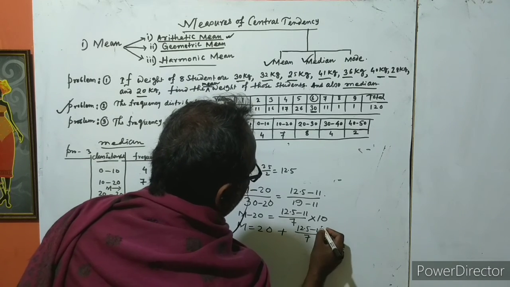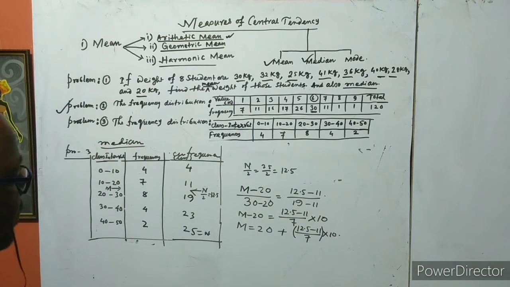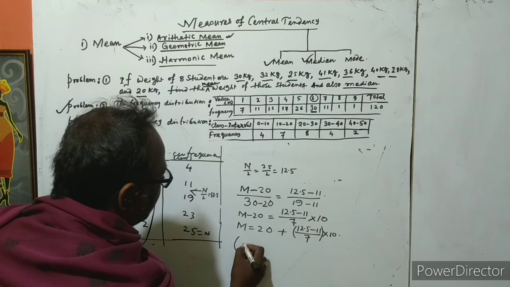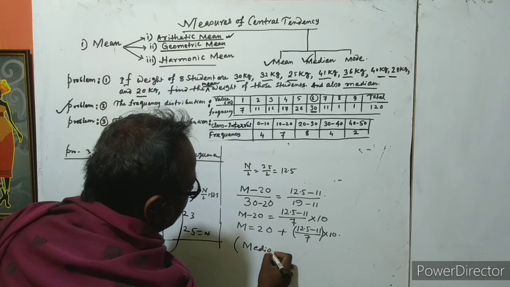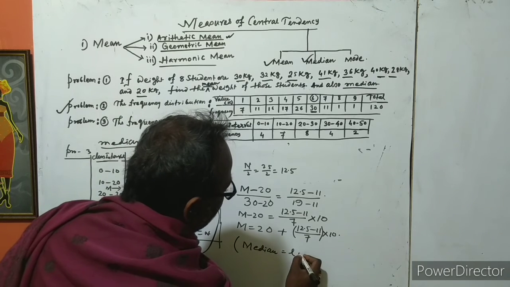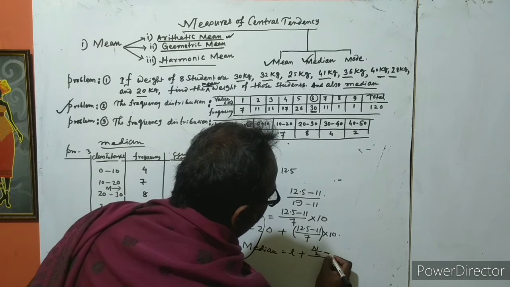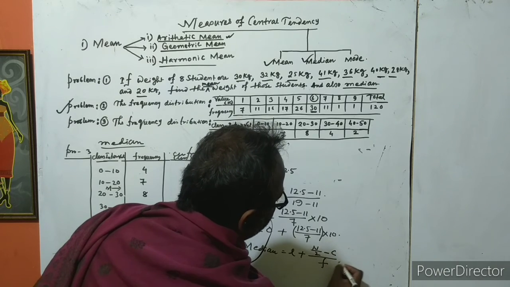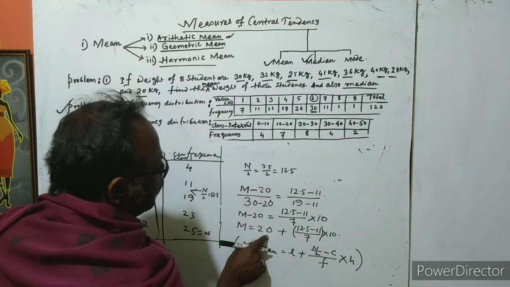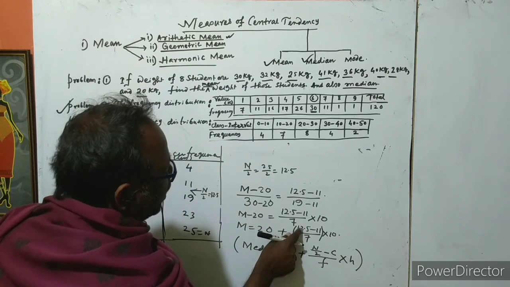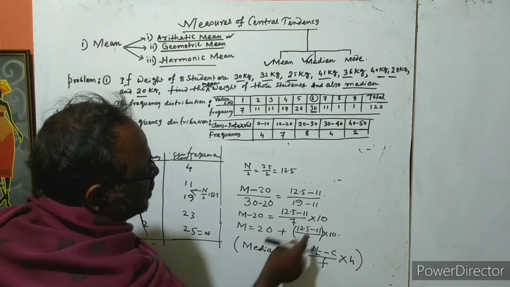Actually, this formation is the formula of the median. The median is equal to L plus n by 2 minus C by F into H. Here L means 20, n by 2 means 12.5, and C means the cumulative frequency of the preceding class, which is 11.